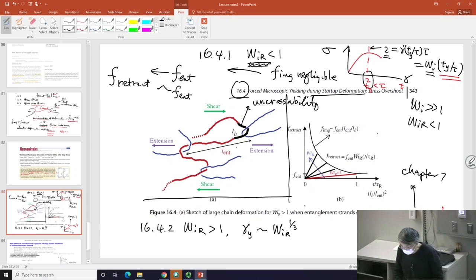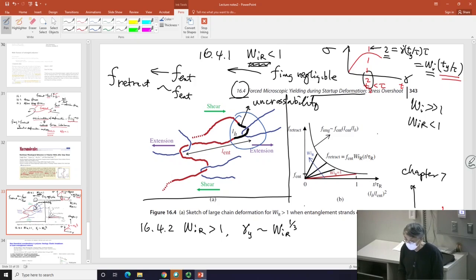So let's make an effort to see if we can come up with some scaling level understanding of why you arrived at 1/3 power. And the way I would proceed is to imagine this pair of hairpins, or this junction.